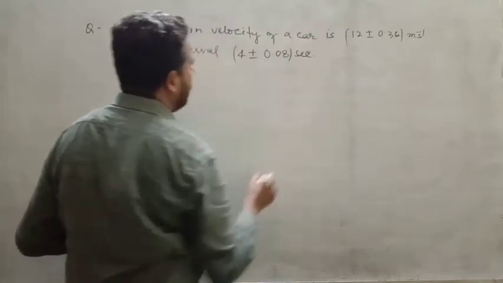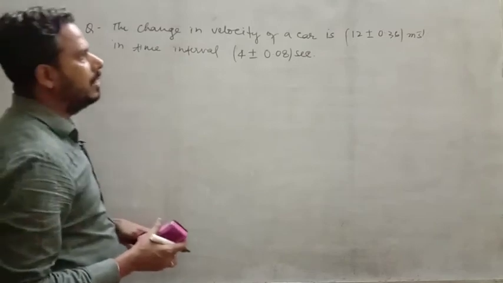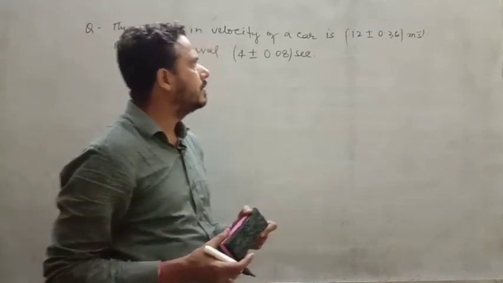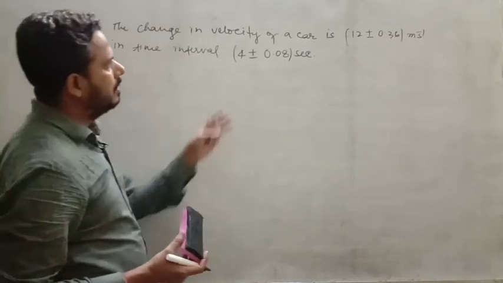So the question is that the change in velocity of a car is this much meter per second in this time interval.